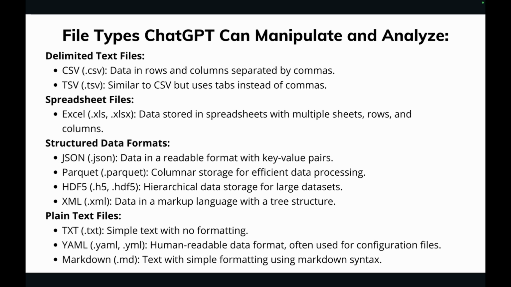For example, you can upload a CSV file with sales data, and ChatGPT can calculate the totals, averages, generate reports, and visualize data trends. It could also save the CSV file if you want to make any changes. This is really good to know as far as it being able to read a bunch of different files.